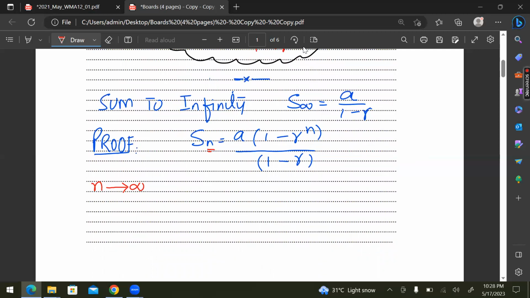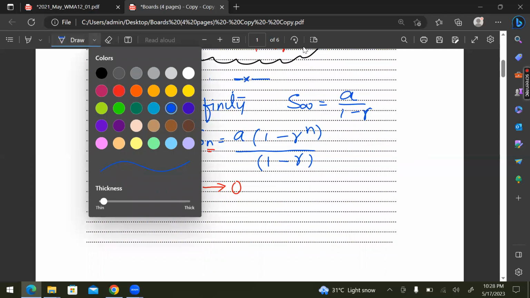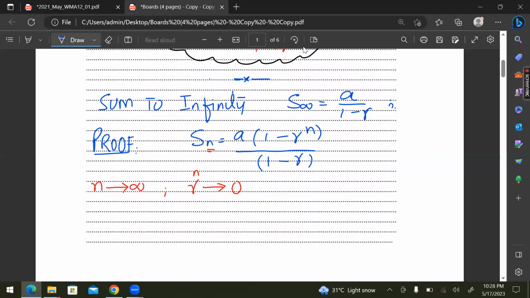You can say that r power n approaches 0.